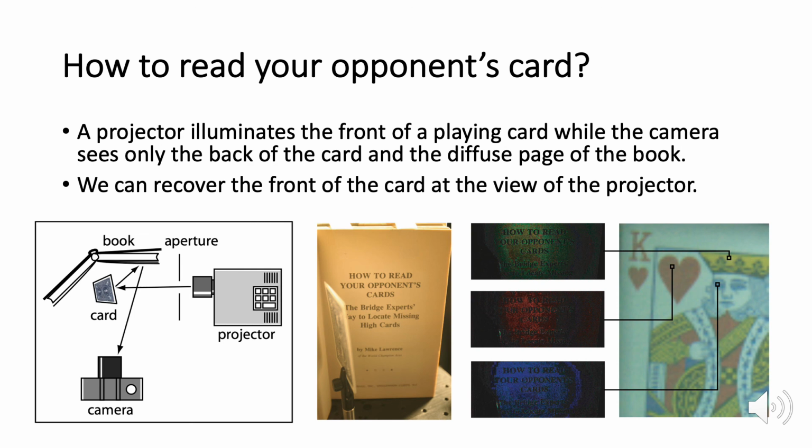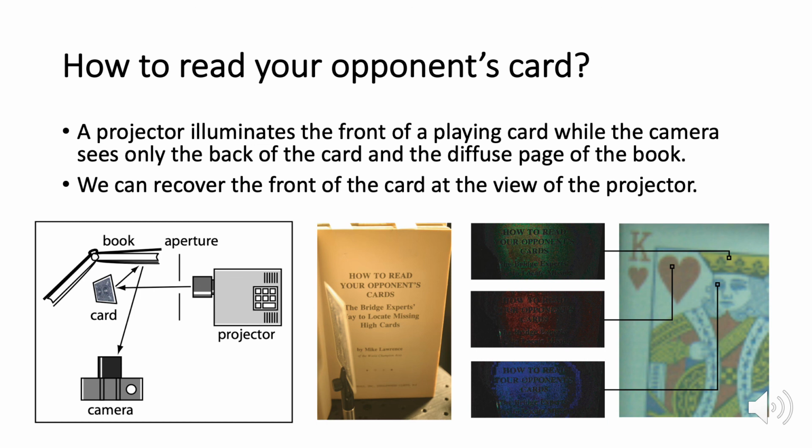Let's turn to another fancy application of dual photography. In this experimental configuration, we can see the camera can only capture the back of the card, while the projector shoots the light onto the front of the card. The light will be reflected on the surface of the card and the book.